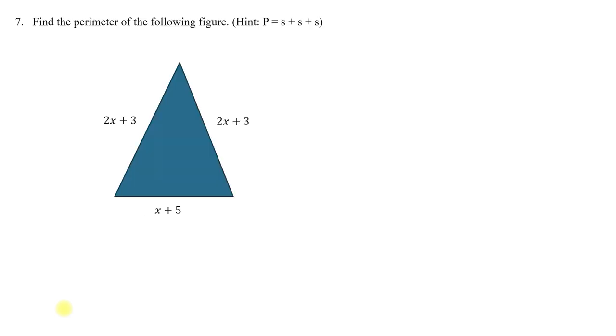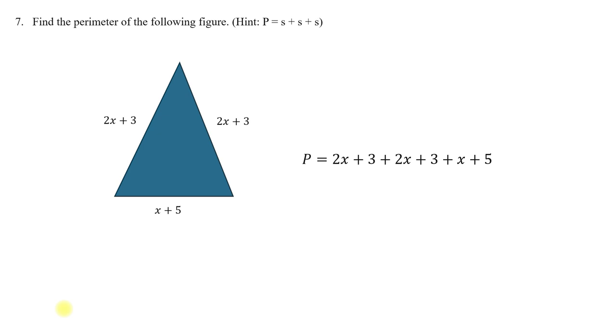Find the perimeter of the following figure. So the perimeter is simply the length of all sides. So we're told that two of the sides are each 2x plus 3, and the bottom side is x plus 5. So the perimeter is simply going to be 2x plus 3 plus 2x plus 3 plus x plus 5.